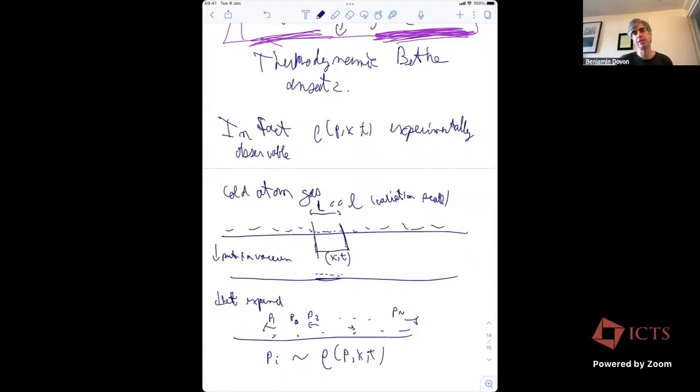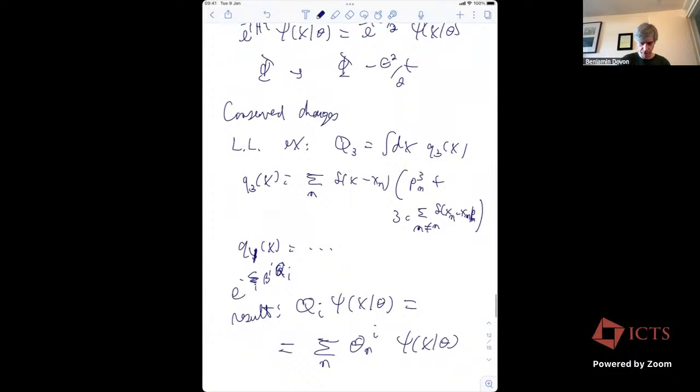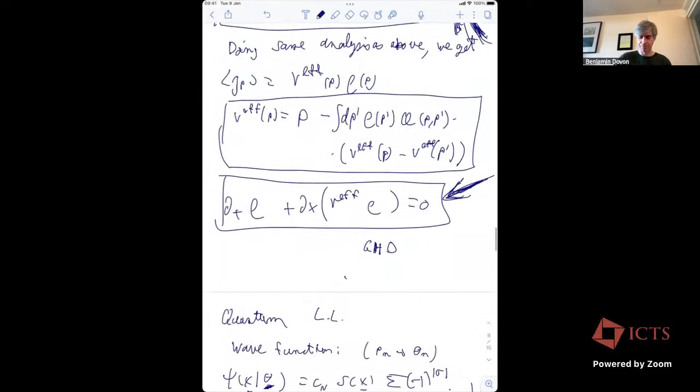But you can do that. When you let them expand, you see the asymptotic momenta, which is exactly the meaning of this rho p x t, the distribution of asymptotic momenta for a fluid cell at x t. So it's really experimentally observable and should satisfy the GHD equation, which is that equation there.